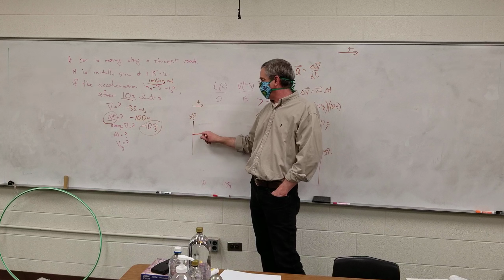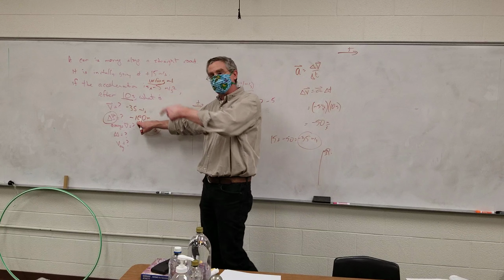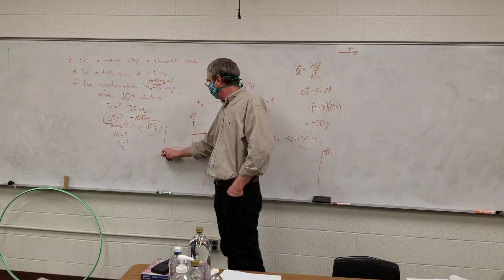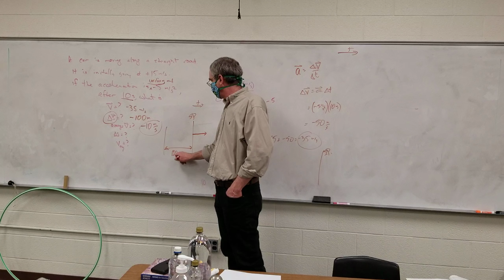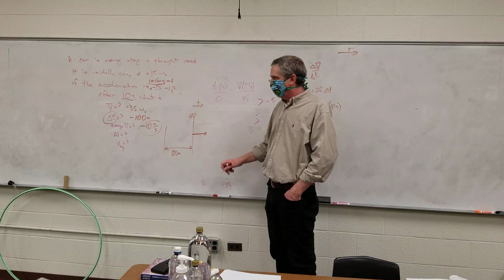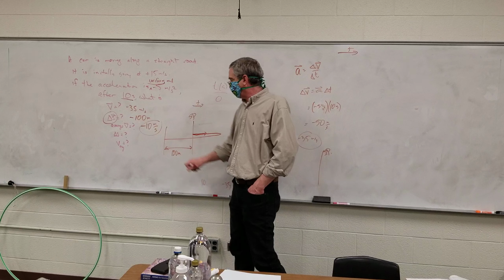So I'm starting out going in this direction, but I end up 100 meters on the negative side. So I end up over here, 100 meters on the negative side of my starting point. So it means I turned around. Went out a certain point, and then I turned around and I came back.